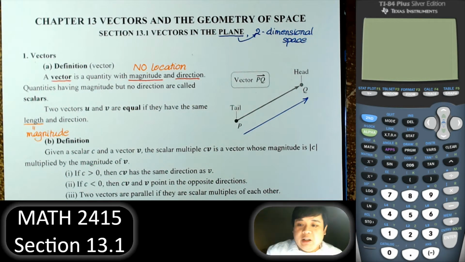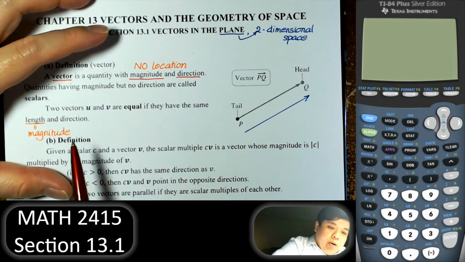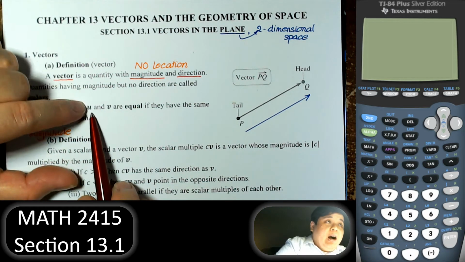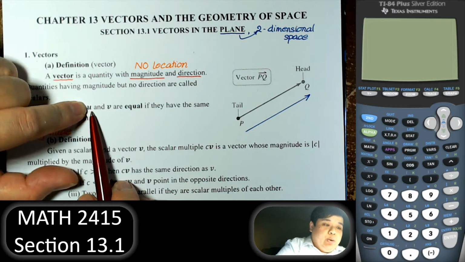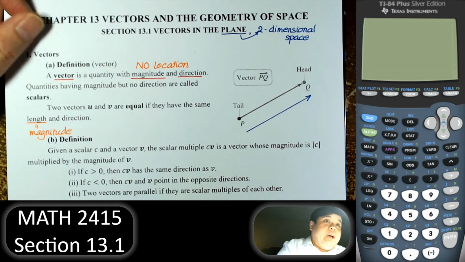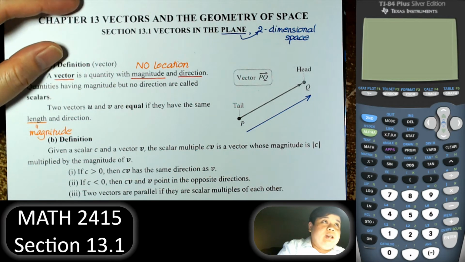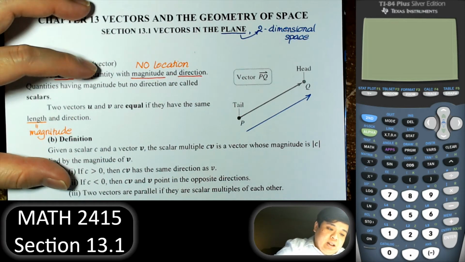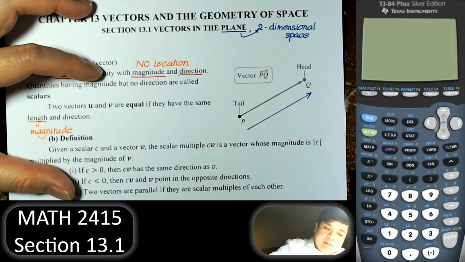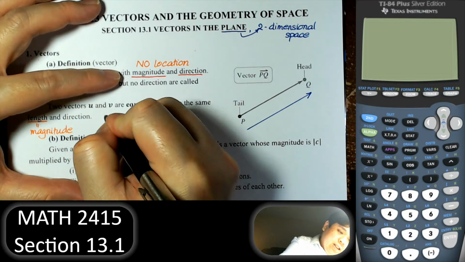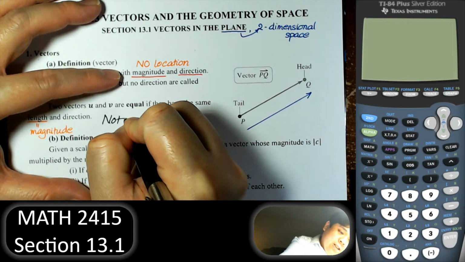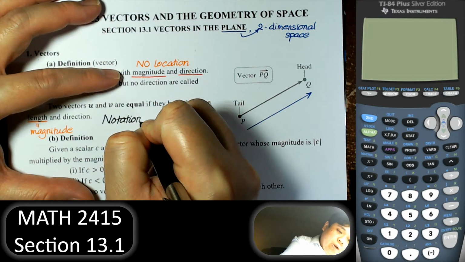Now, one thing very important is the notation for vectors. As you see the notation for vector, we use the boldface U and the boldface V. If we cannot write the boldface, then we will use this in the handwritten notation for vector.